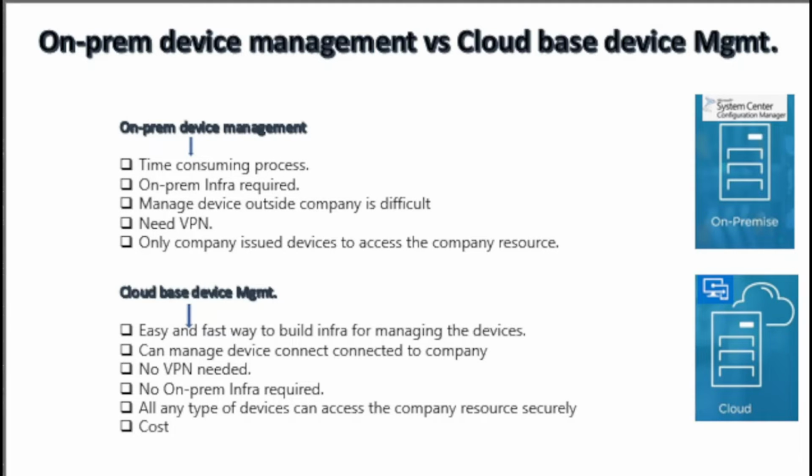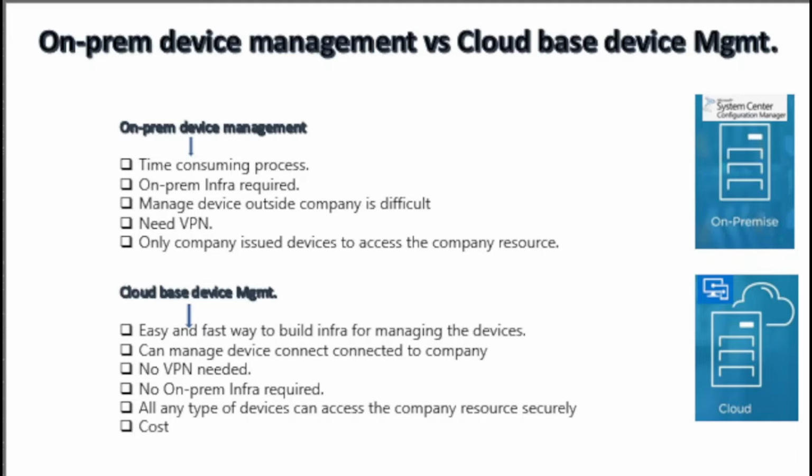The very first one is an on-premises device management tool, which is a traditional and old way of managing devices in which admin can only manage the device which are in corporate network. Another type of device management tool is a cloud-based device management tool in which infrastructure is hosted in cloud and admin can manage both off-prem and on-premises devices.